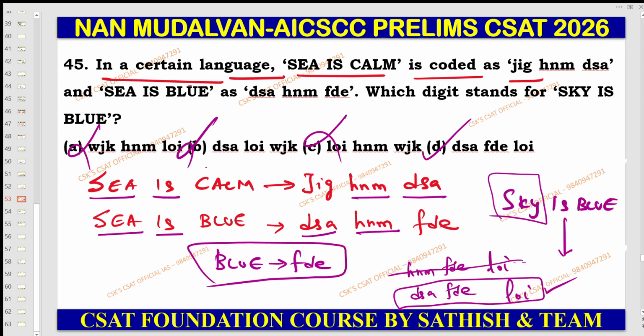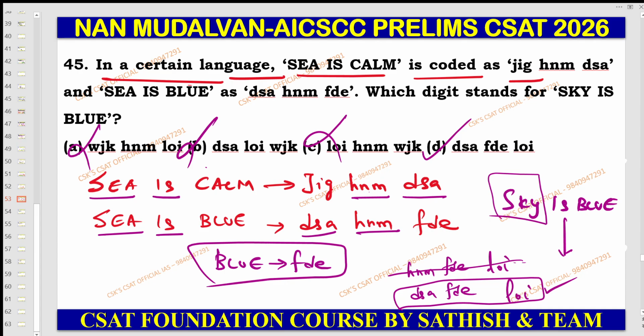By comparing these two, you can easily identify blue. Blue here is nothing but FDE. The second one, DSA HNM common. FDE is not common, that is related to blue.